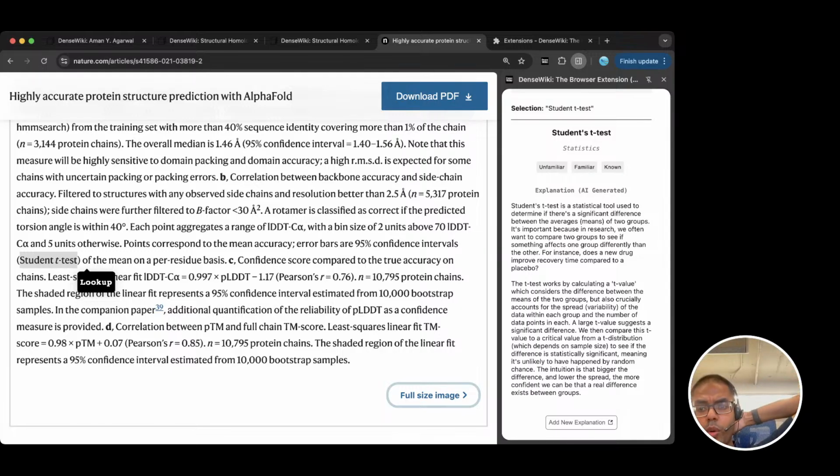The bigger the difference and the lower the spread, the more confident we can be. Okay, 95% confidence intervals of the mean on a per residue basis. Alright, fine, whatever.